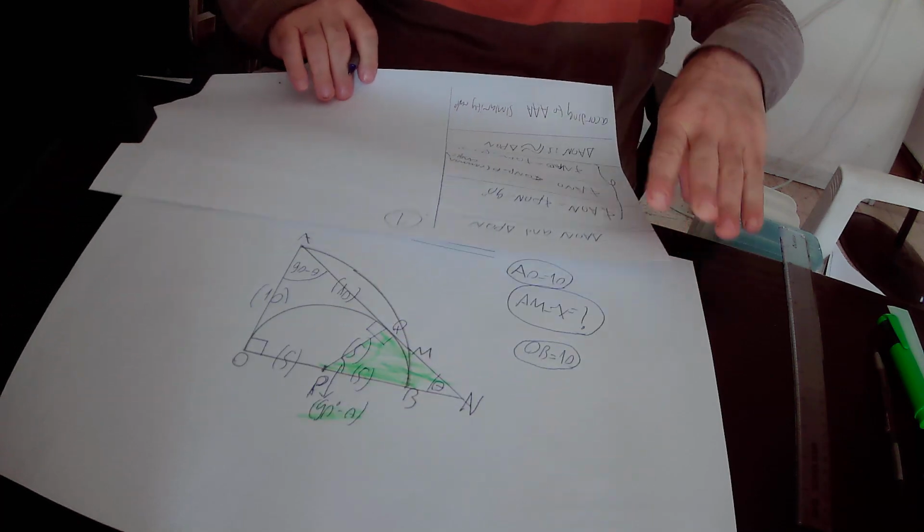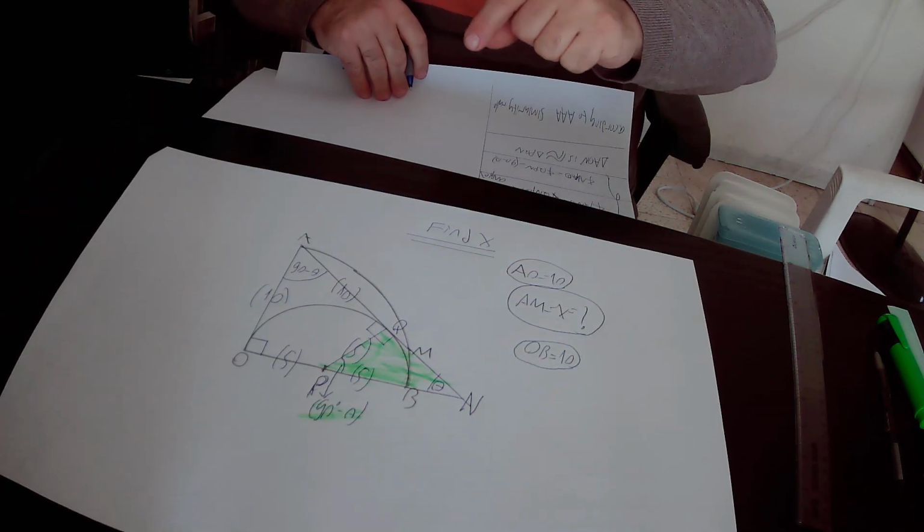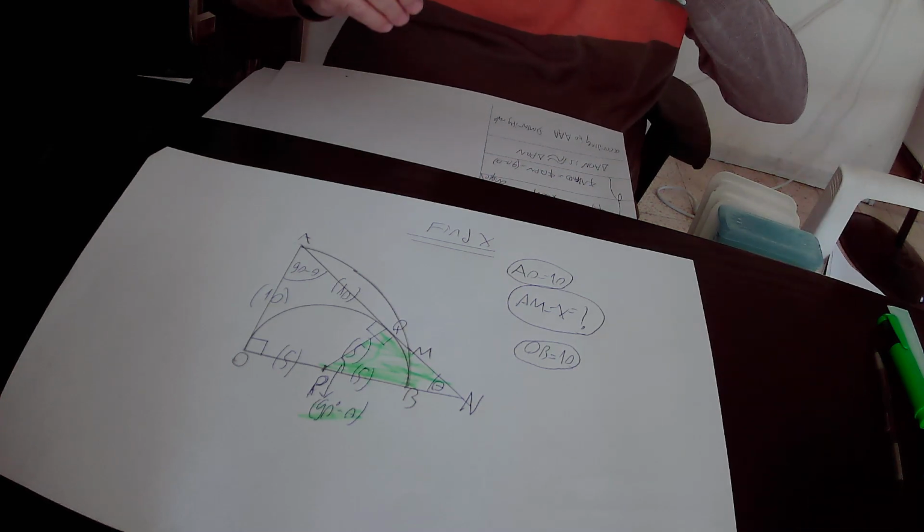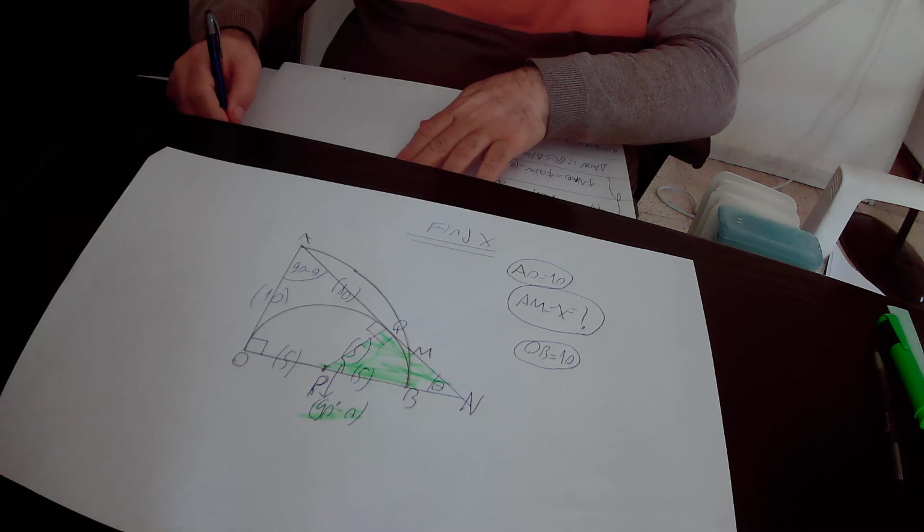And from the fact that the big triangle AON is similar to the green triangle QPN, we derive that the following relationship exists between their sides.